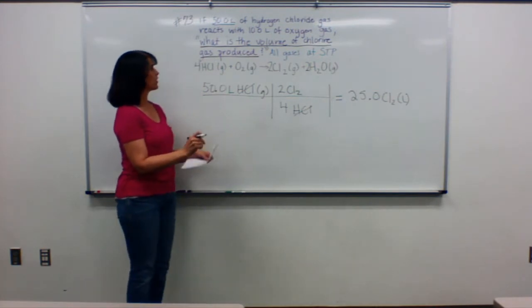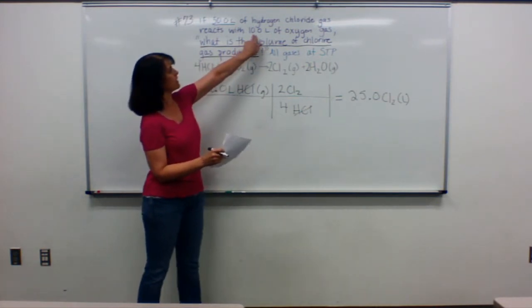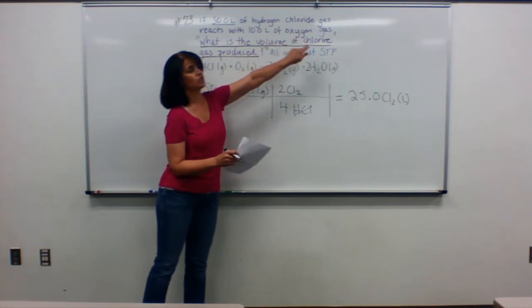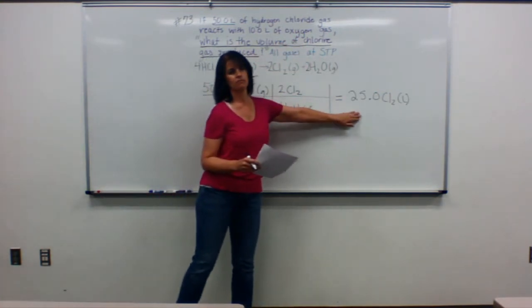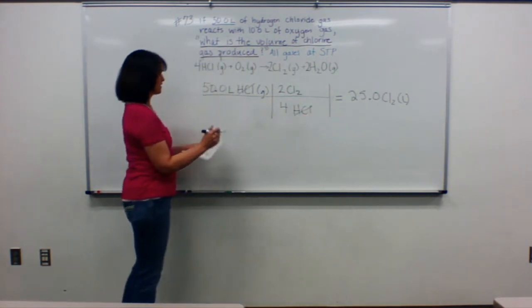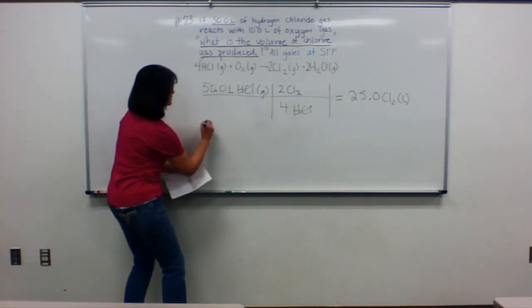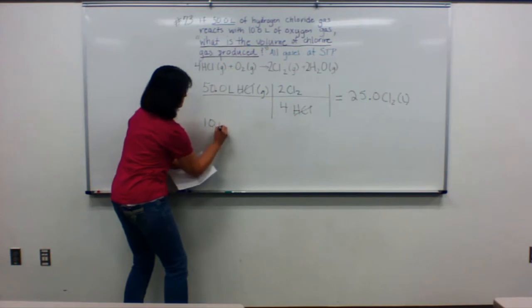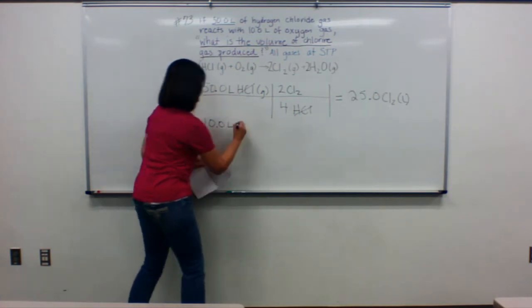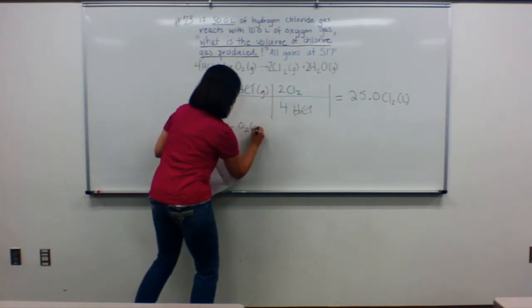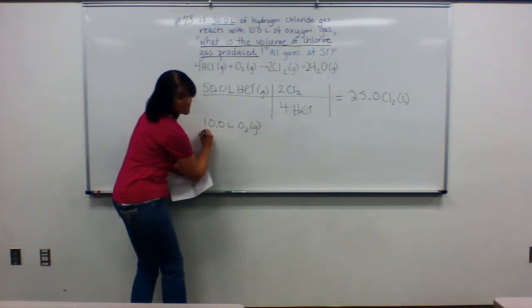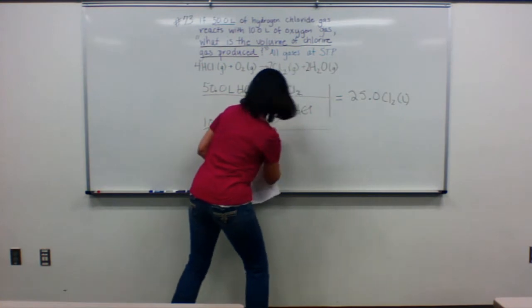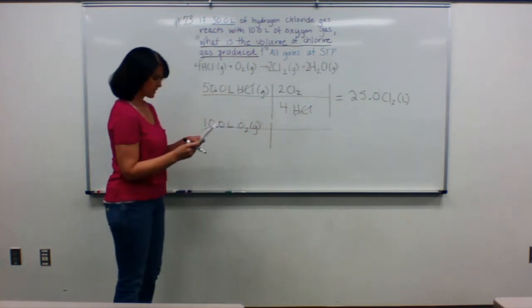So now I need to go, there's another given up here, 10 L of oxygen gas. What I'm trying to get to is the chlorine gas at the end. So my next given is 10 liters of O2 gas. My dimensional analysis again, can't go wrong with that.